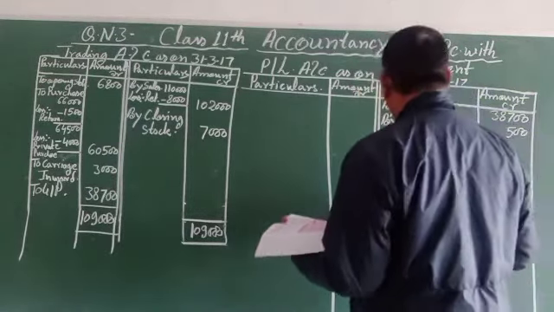Now dear children, you can see the capital, drawing, bank book, interest on loan, on whatever loan is taken by the firm. Interest charge, interest on loan, that is given 300.